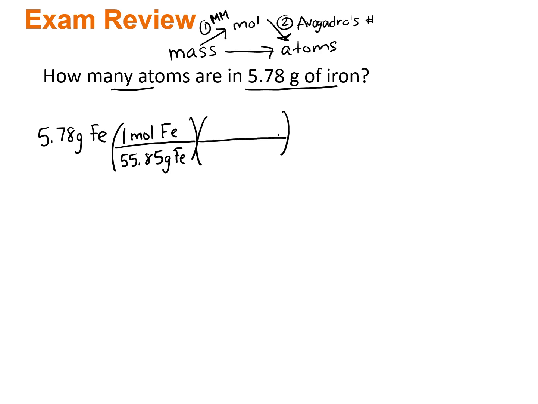For the next unit factor, you've got to use Avogadro's number. We want to get rid of moles and end up with atoms. So the moles go in the bottom, and the number of atoms goes in the top.